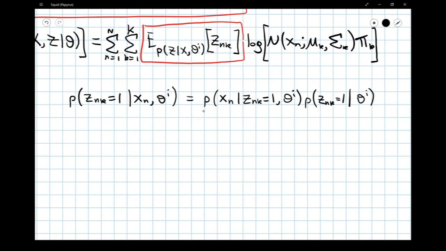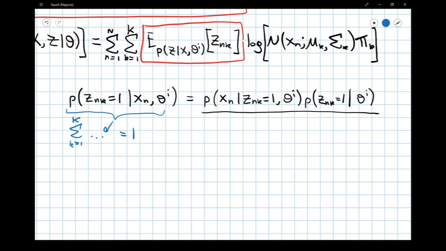And that will all be divided by, so each of these data points must have come from a Gaussian of some kind. So what we need to do is make sure that if we take this thing and sum it over k equals 1 to capital K, then that will all be equal to 1, okay?